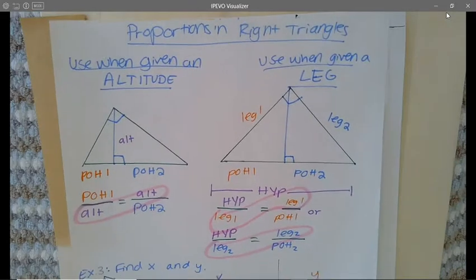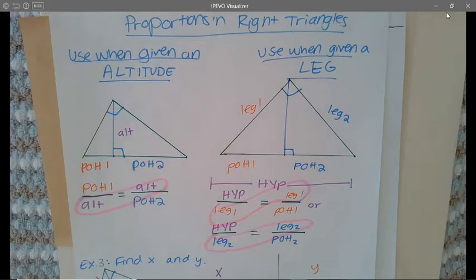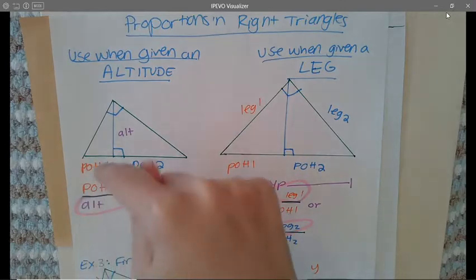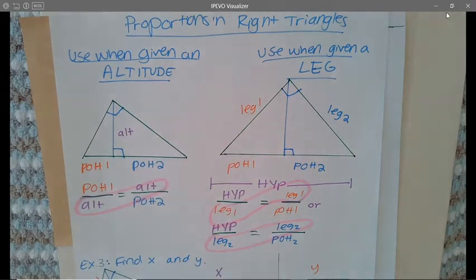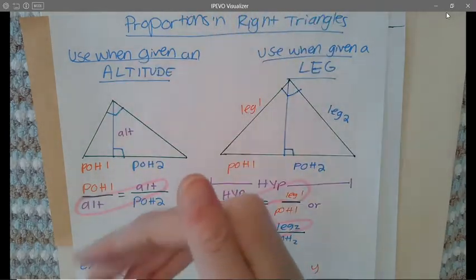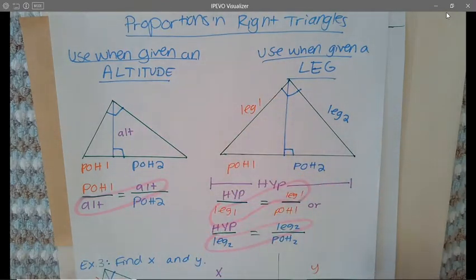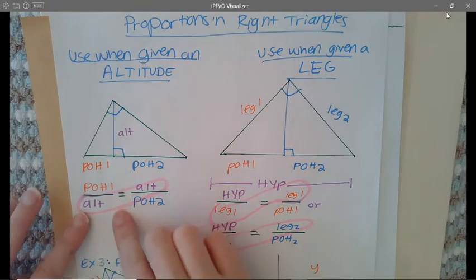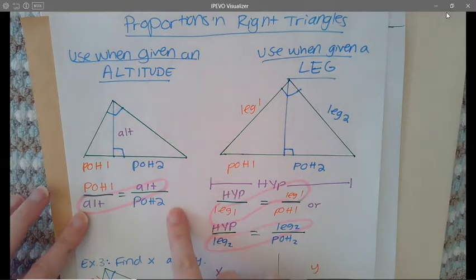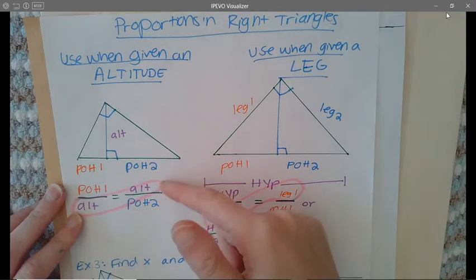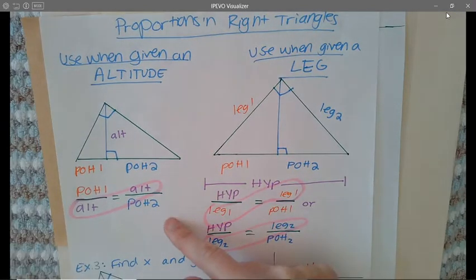When we are given or trying to solve for an altitude, we use this formula: POH1 over altitude equals altitude over POH2. So one piece of the hypotenuse over the altitude equals the altitude over the other piece of the hypotenuse.